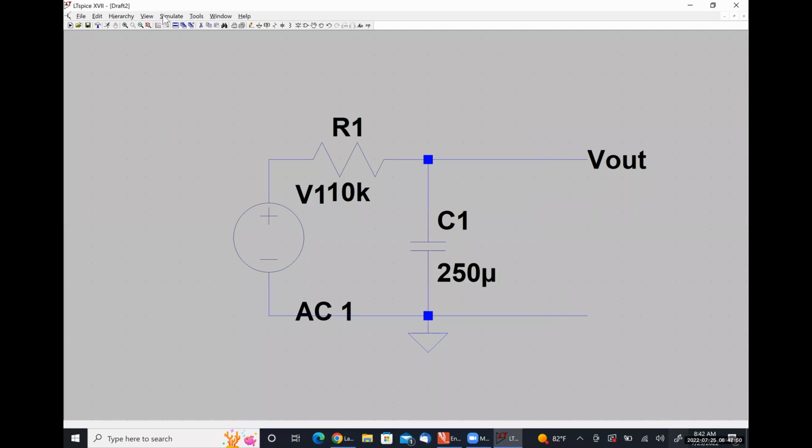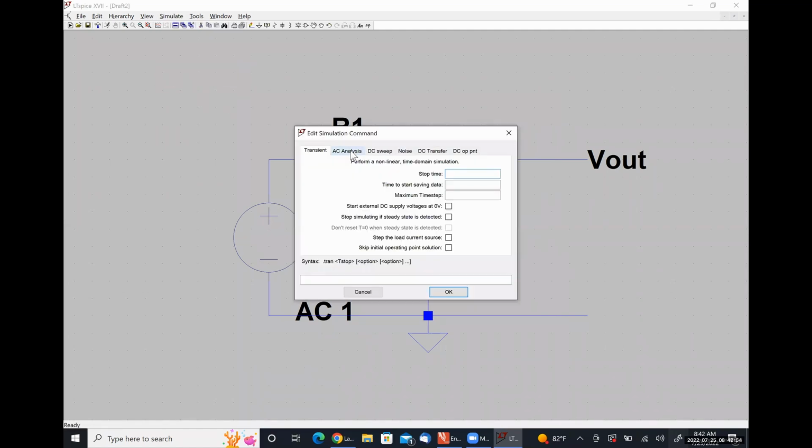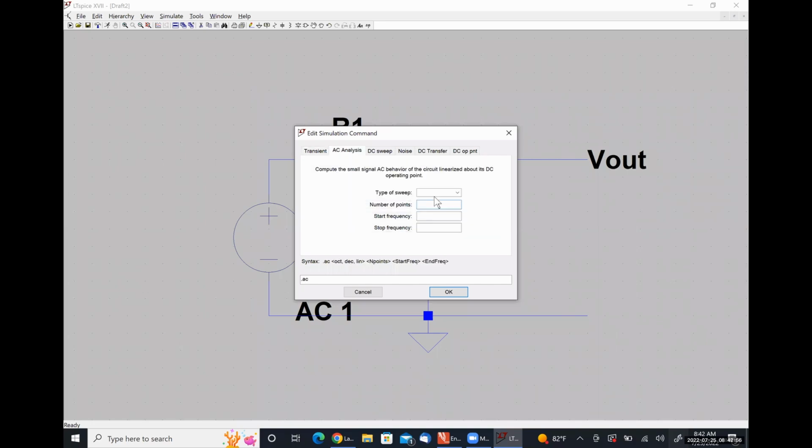And now I'm going to edit my simulation command, and I'm going to go to AC analysis. So we are going to do a decade sweep. Let's do 1,000 points per decade. Let's have a start frequency of 1 millihertz and a stop frequency of 1 megahertz, and then we'll adjust from here as needed.